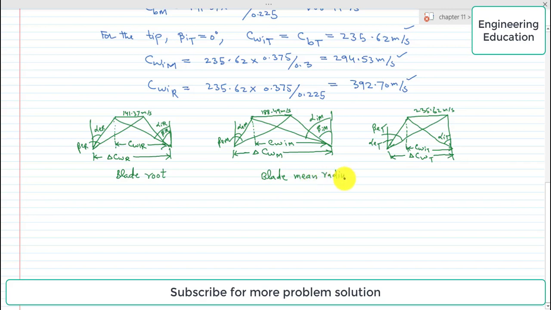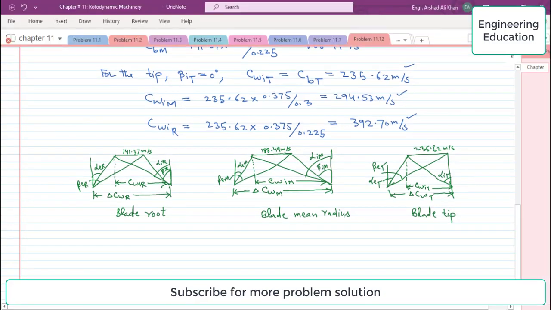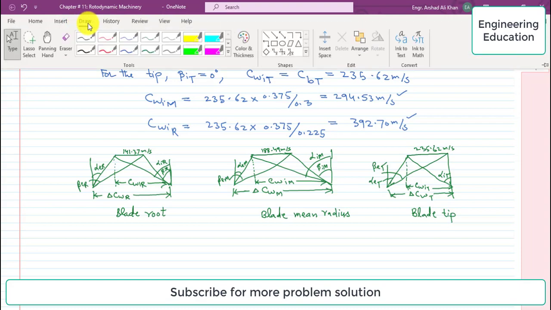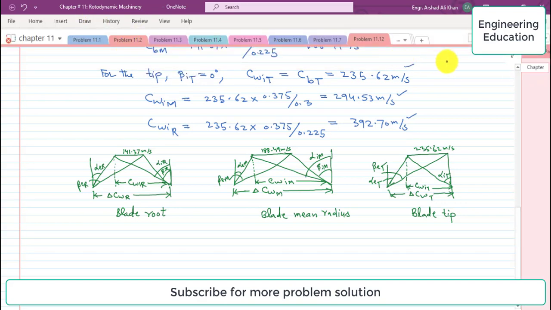And the third one is the velocity triangle for blade tip. Now further, we are going to analyze this problem and find these missing angles, and for output power we will also find the change in whirl velocity and the mass flow rate value as well.